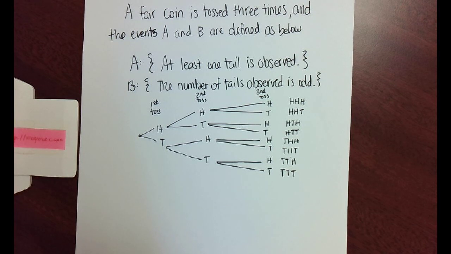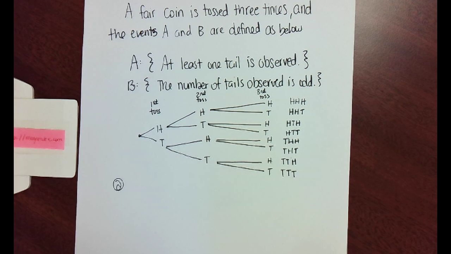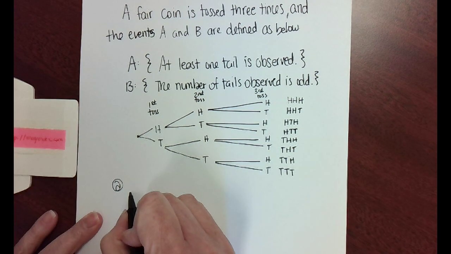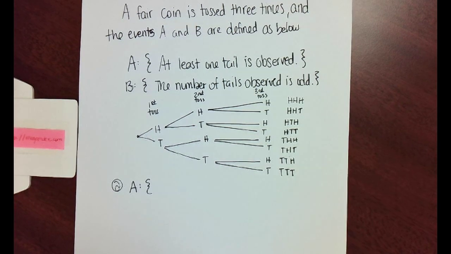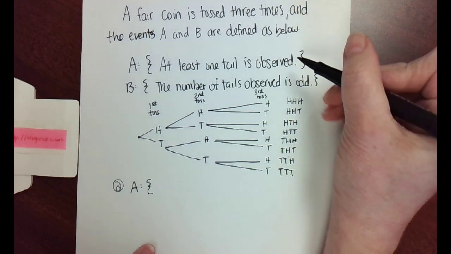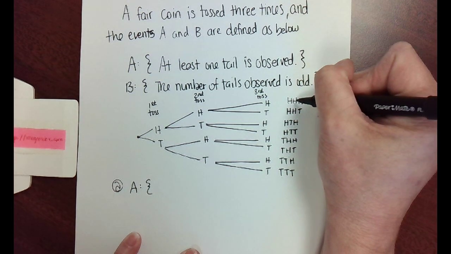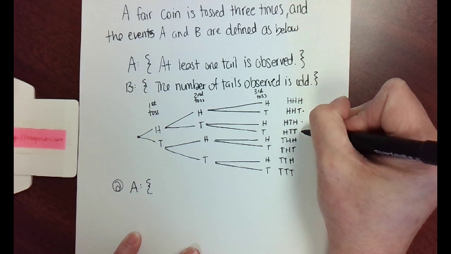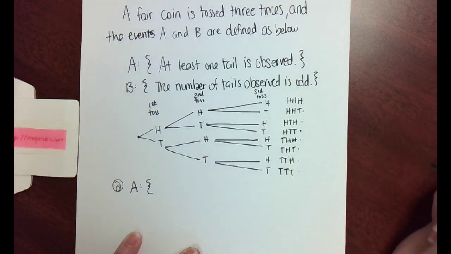And so part A asks us to list the sample space for each of the events. The sample space for event A is everywhere we have at least one tail observed. So this is 3 heads. There's no tail there, so that one doesn't count. We have 1 tail, 2 tails, 1 tail, 2 tails, 2 tails, and 3 tails.